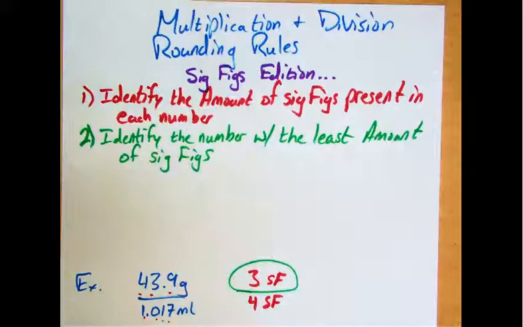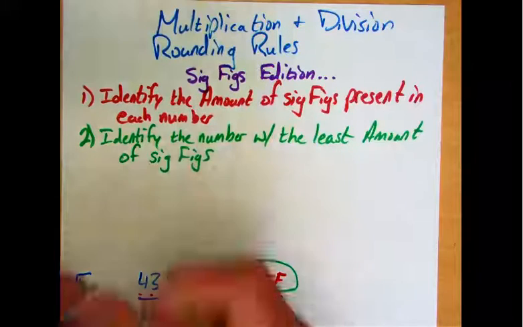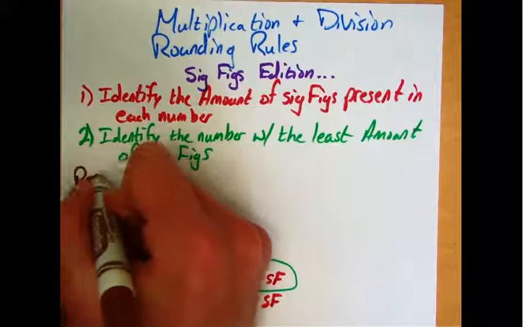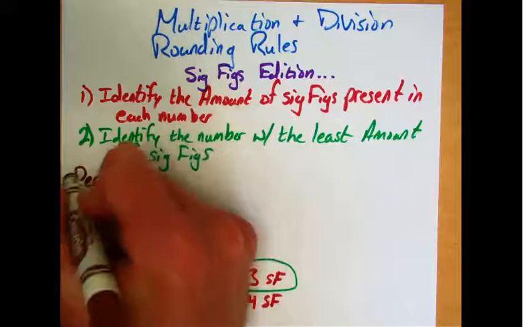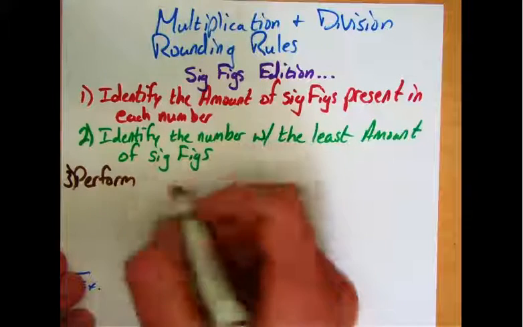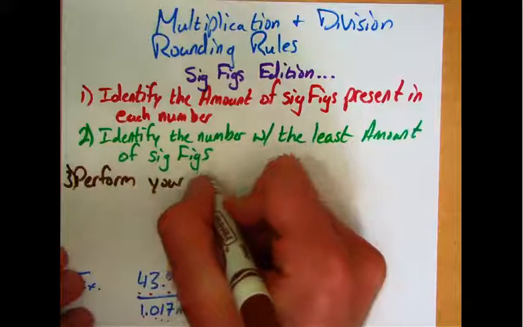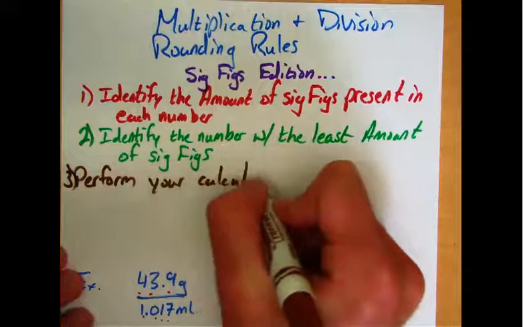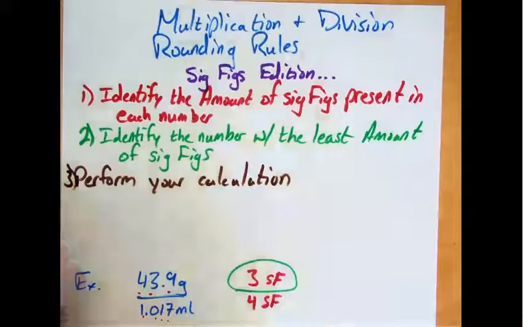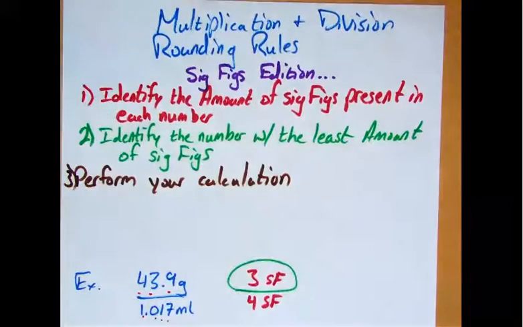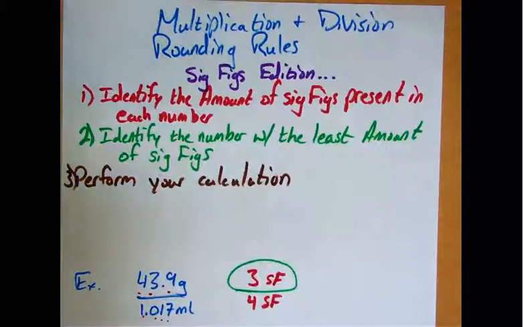Step number 3 is perform your calculation. Whoops, I'm sorry, I can't count. If I could count, step number 3 is perform your calculation. There we go, and we'll pull out our trusty calculator to do this.